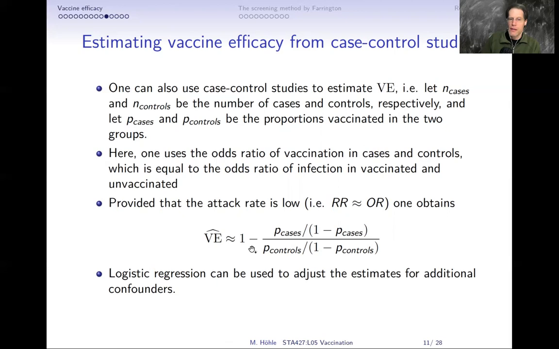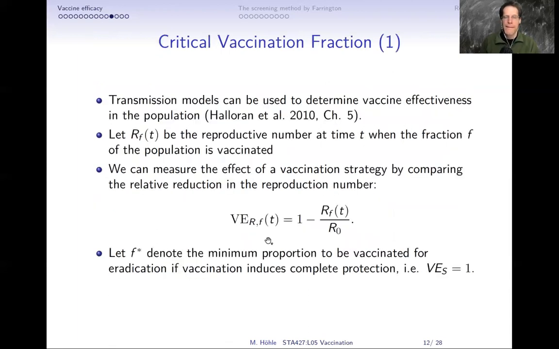And here we can again use a logistic regression to allow for adjustment of covariates by modeling the dependence of the odds ratio in terms of confounding variables which you would like to adjust for. Okay. So there were two approaches looking at vaccine efficacy.